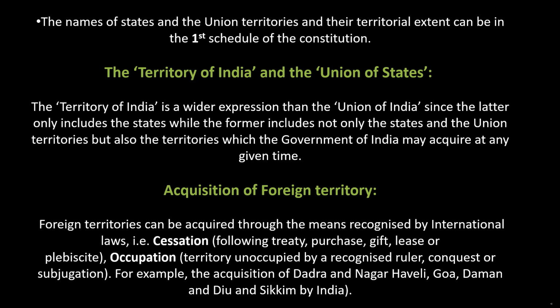Acquisition of foreign territory. Foreign territories can be acquired through the means recognized by international laws, i.e. cession, following treaty, purchase, gift, lease or plebiscite. Occupation, territory unoccupied by a recognized ruler, conquest or subjugation. For example, the acquisition of Dadra and Nagar Haveli, Goa, Daman and Diu and Sikkim by India.